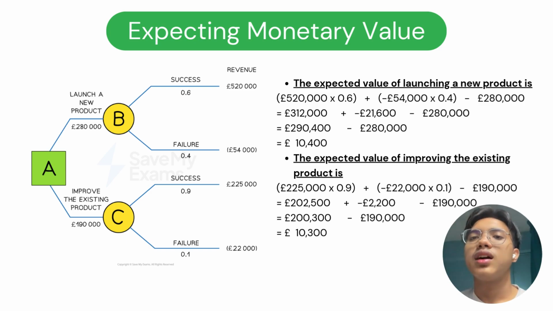The expected value of launching a new product can be calculated, and also we can calculate the expected value of improving the existing product. As you can see, the expected value of launching a new product, which is 10,400, is higher than the expected value of improving the existing product. So ideally, a business organization will choose to launch a new product rather than improving their existing product.